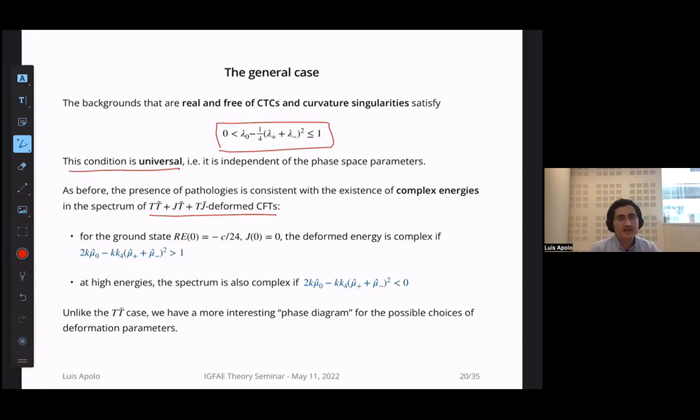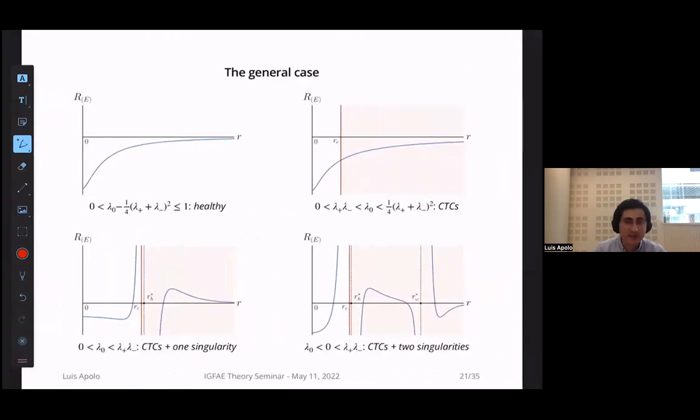However, unlike the TTbar case, we now have a more interesting phase diagram of the possible choices of deformation parameters that I've plotted here. So again, here I'm plotting the Ricci scalar in the Einstein frame.